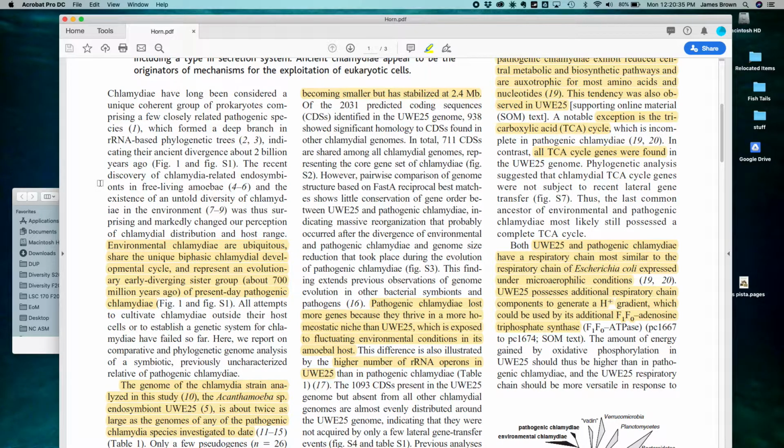So this is about an organism called UWE25. It's since been named Protochlamydia amoebophila. This is what they call an environmental chlamydia. It is not a free-living organism. It is also an obligate parasite, just like the chlamydia that you're used to thinking about.